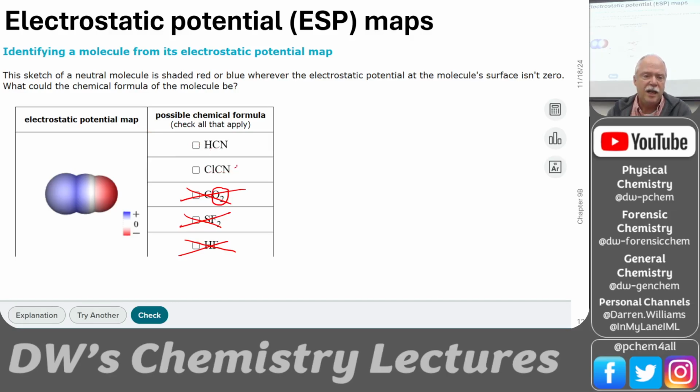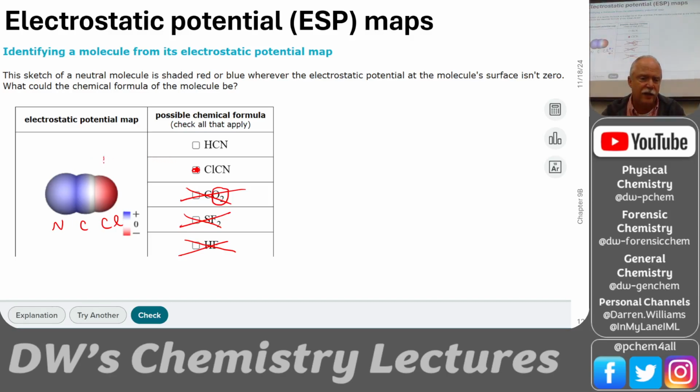SF2 is also not that one because it's not the same on both sides. So ClCN: as we go to the right, those atoms get smaller and smaller and more negative. So this could be the Cl, C, and N. That's possible, so we might color that one in as a possible chemical formula. And then HCN. It's probably not this one, because the more negative atom would be the nitrogen.